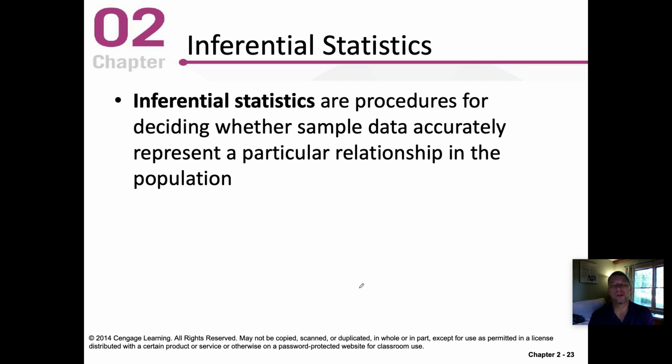Generally speaking, they tend to be far more complex. They tend to involve mathematical calculations beyond averages and ranges. And they tell you essentially whether two groups of data are different or not.